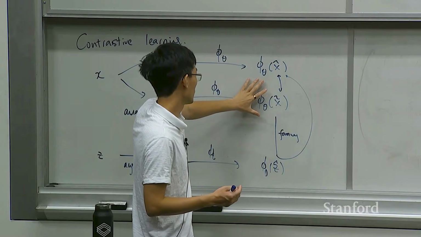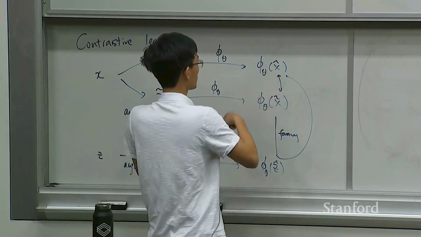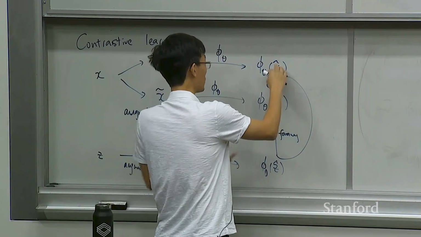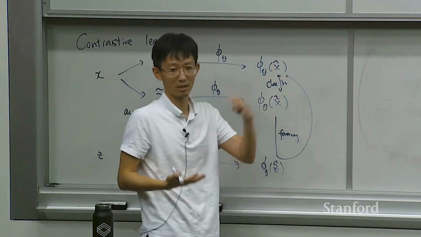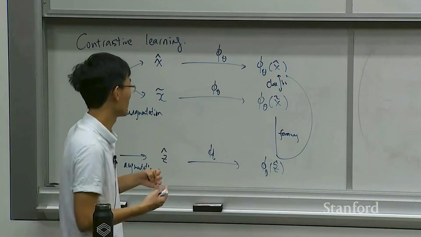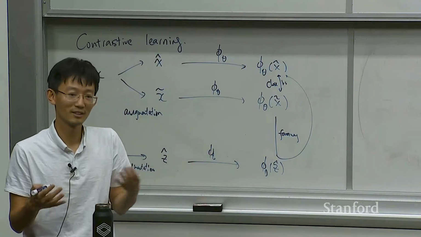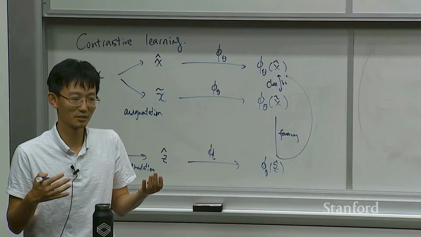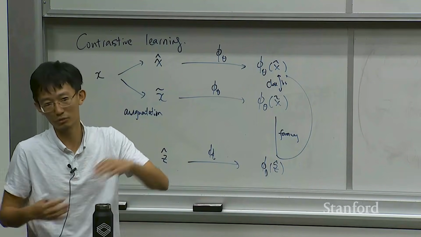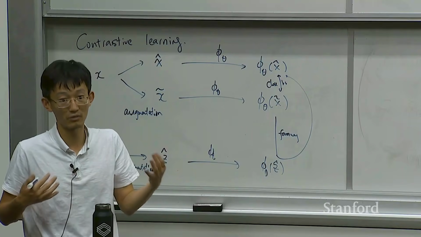In this objective, you try to make these two embeddings close. That's how you make sure similar things are closer to each other. And then you try to deal with the degenerate situation where everything is close, so you try to make random things far away from each other.